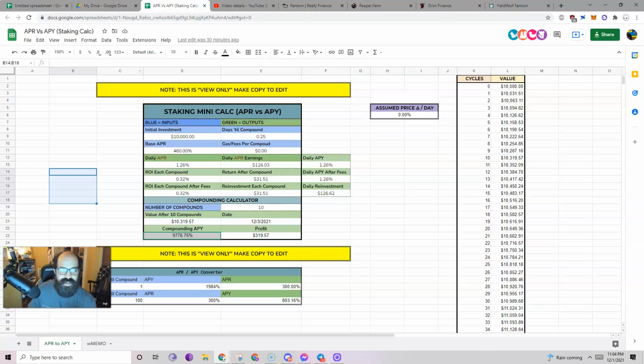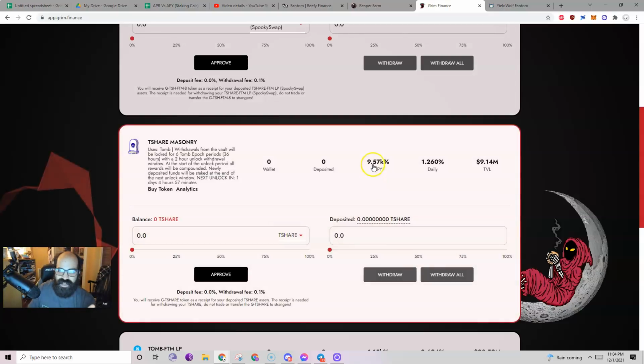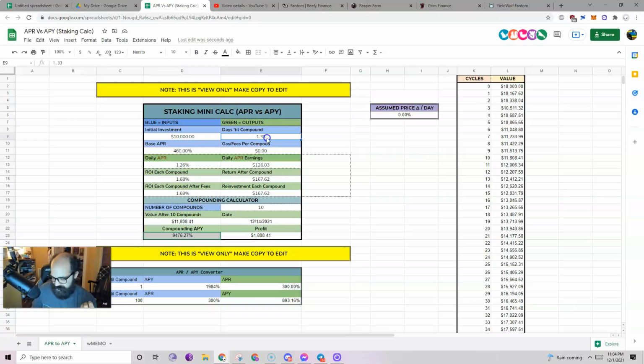So I went over here to the APR APY and did 460%, and I did 1.33 days. We're getting a compounding APY of 9.476, whereas Grim advertises 9.57, which makes me think they're looking at 1 day compounding.